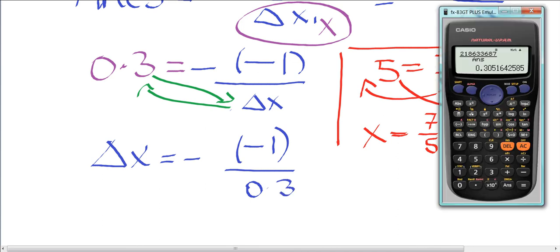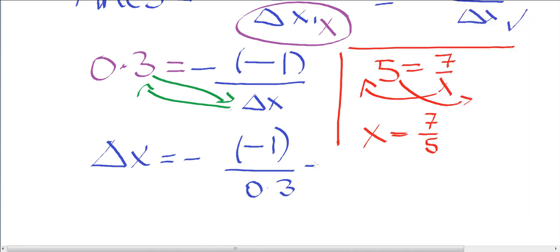Again, if you're not 100% sure on how to play about with them signs, just go to the calculator and type what you see. Minus fraction on the bottom, top minus 1, and the bottom 0.3. And it'll end up with 10 over 3. Let's just change that to a decimal, 3.3.